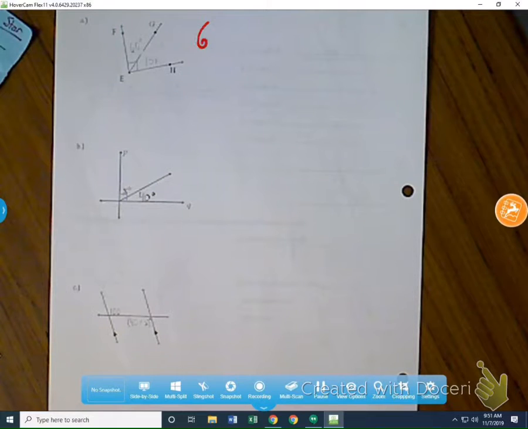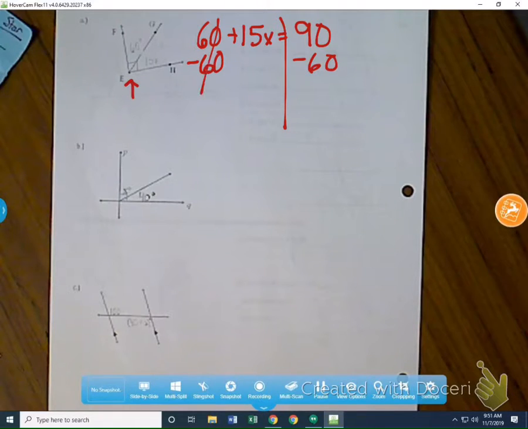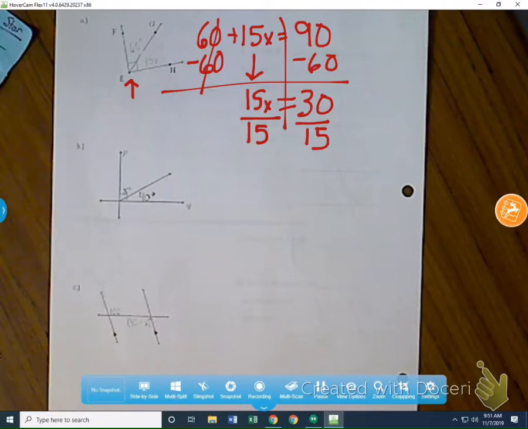So, 60 plus 15x equals what? 90, because there's a right angle. Good. Subtract 60 on both sides. Bring down the 15x. So 15x equals 30. Divide by 15. X equals 2.